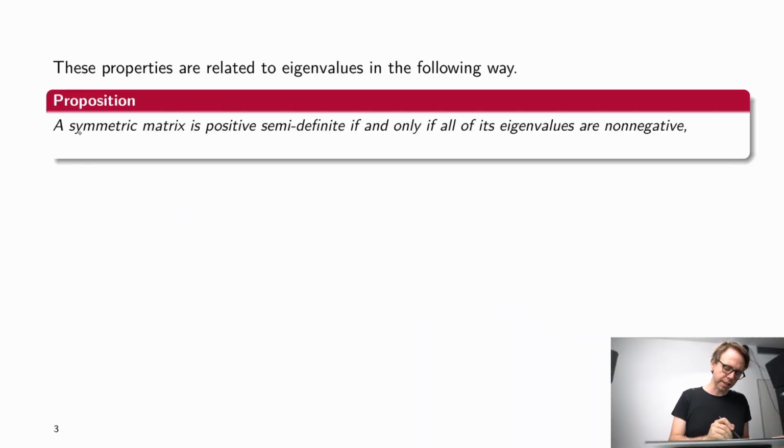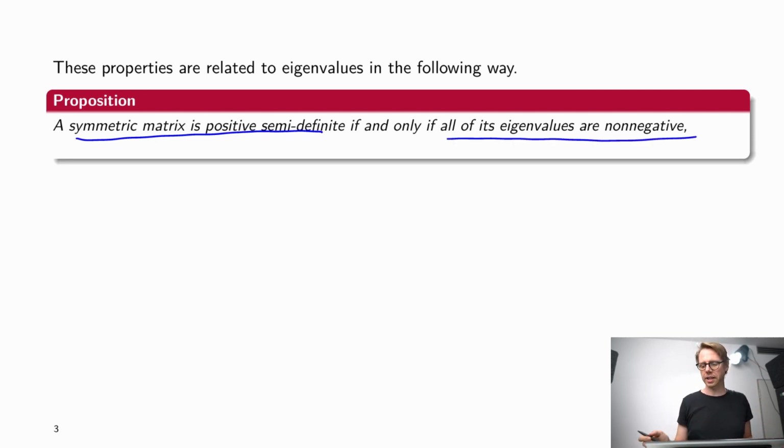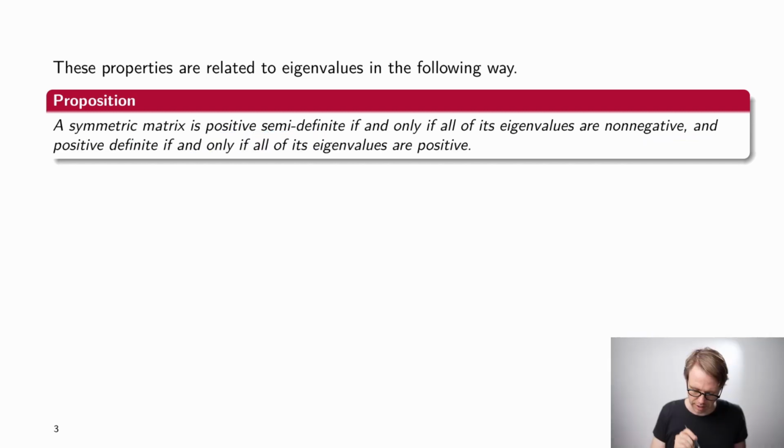We can relate positive definiteness of a matrix to the eigenvalues of that matrix in the following way. A symmetric matrix is positive semi-definite if and only if all of its eigenvalues are non-negative, so larger or equal to 0.